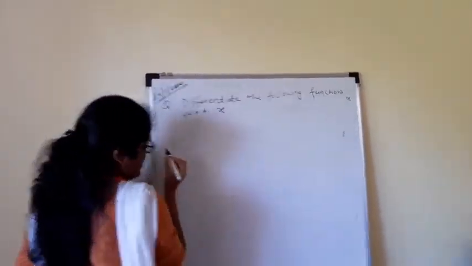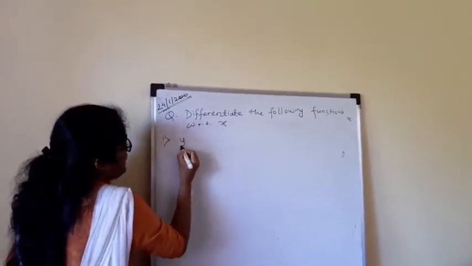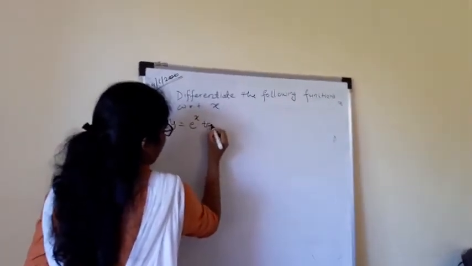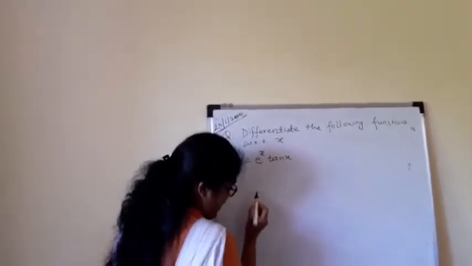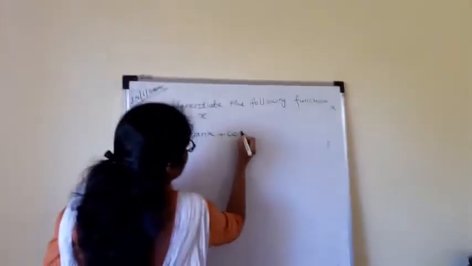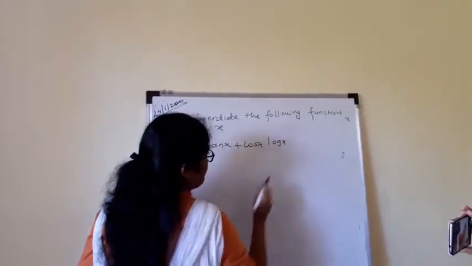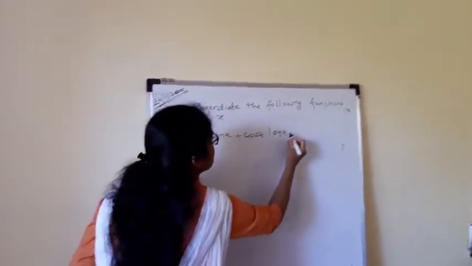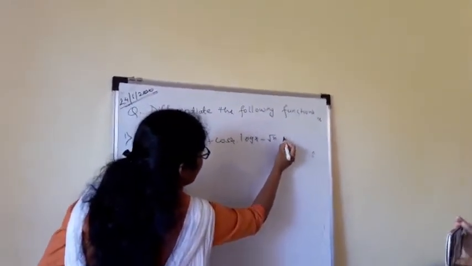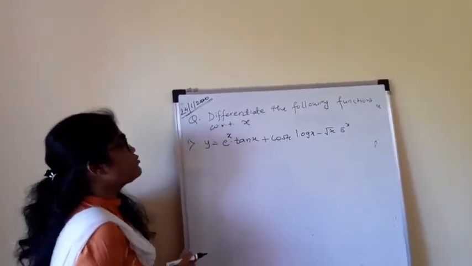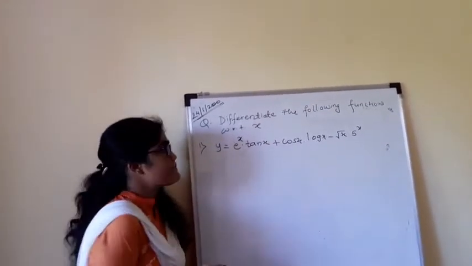So question is, y is equal to e raised to x into tan x plus cos x into log x minus root x into 5 raised to x.